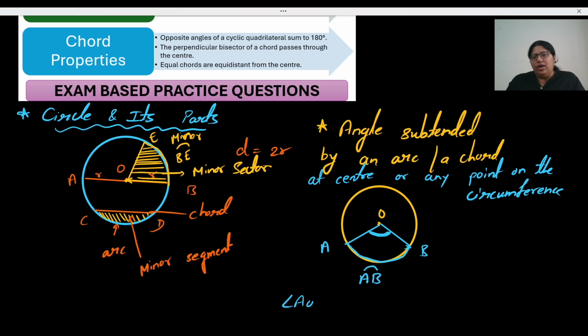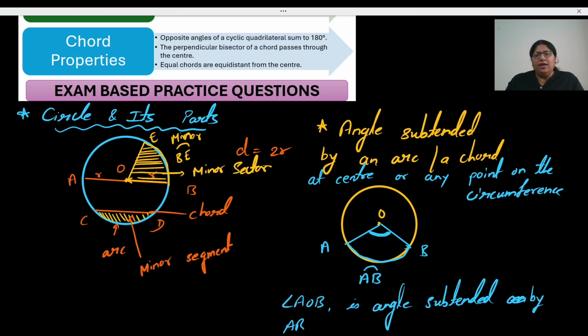So angle AOB is the angle subtended by arc AB at O, which is the center. Now if I join this, it will be the angle subtended by chord AB, because for the same arc or chord the angle is going to be the same. AB is a chord. What is the angle subtended by this chord at the center? That is also angle AOB.